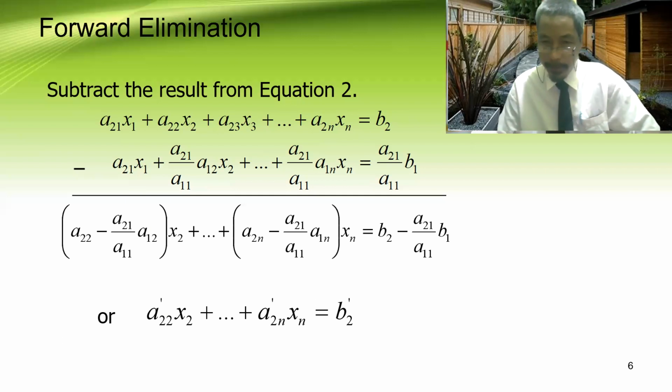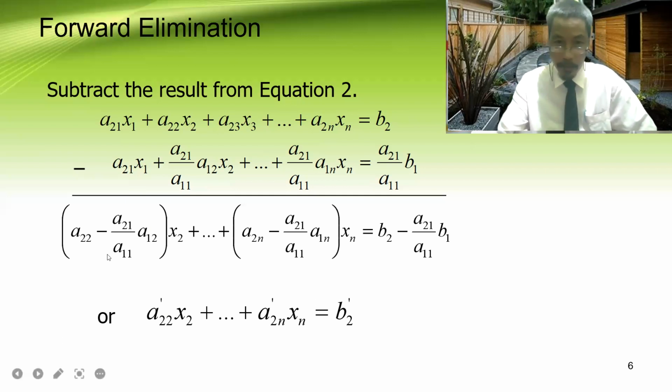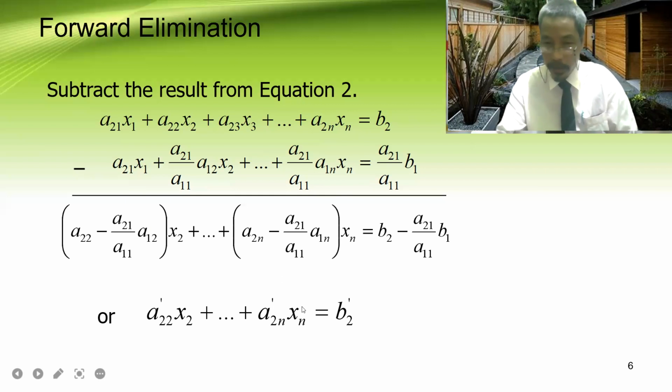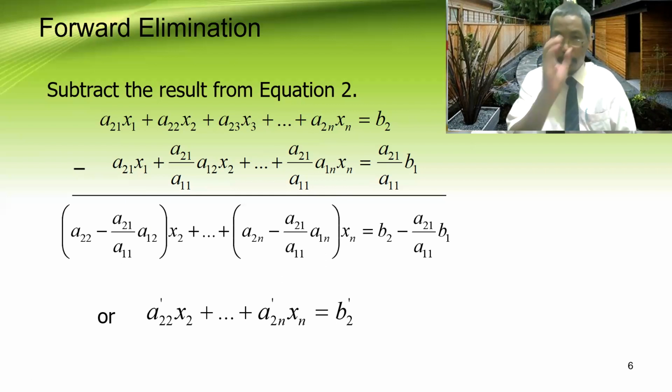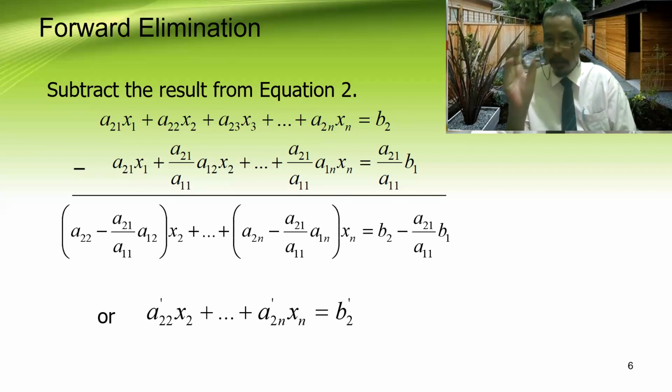There is an error in here. If you simplify this, it will not go to this one. Do not derive anything, just take my explanation for it. If you simplify, it will be composed of a constant times x2, another constant times x3, another constant times x4, and so on up to another constant times xn is equal to another constant. The concept is constant times variable.